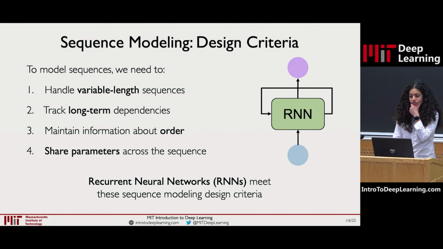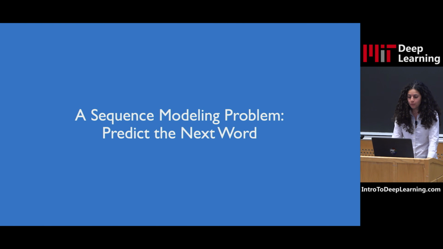So we'll use these criteria to motivate how RNNs can do well at doing this, but also what some shortcomings of RNNs are when it comes to these real-world operational criteria that our sequence model needs to meet. To do that, we're going to walk through a very, very concrete example, which has now become the quintessential sequence modeling problem out there.